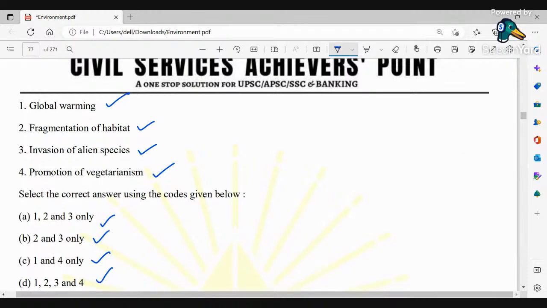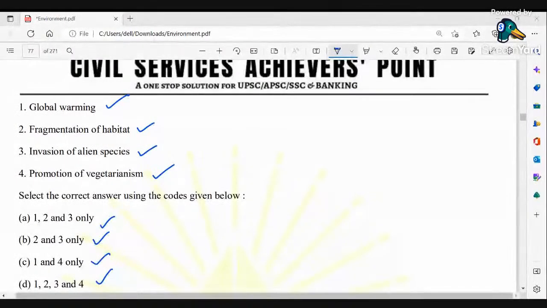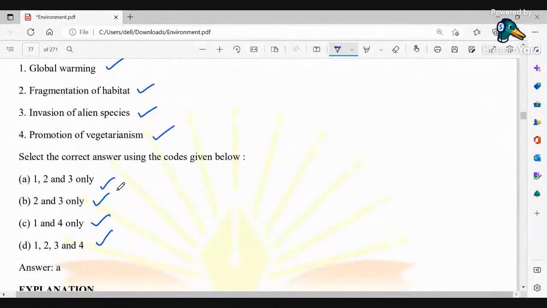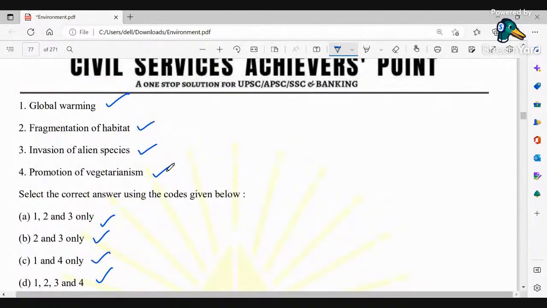So here, give us any one of the correct options, which is a threat to the biodiversity. A, B, C, and D. Okay, A. It's A. That is 1, 2, and 3.